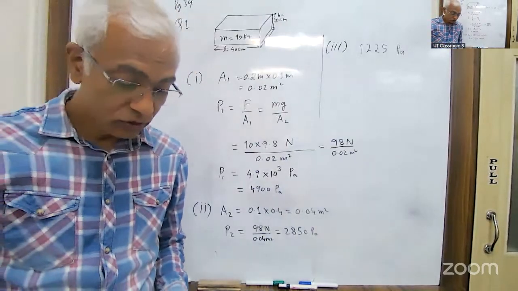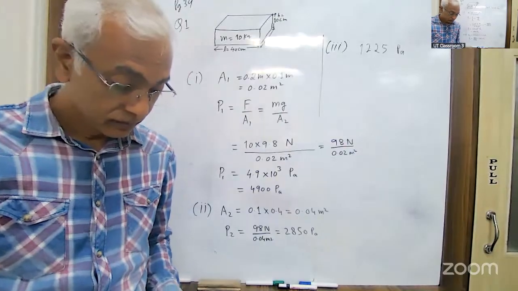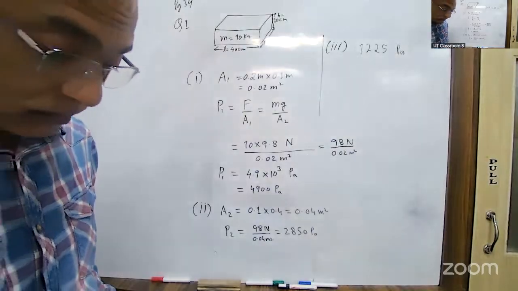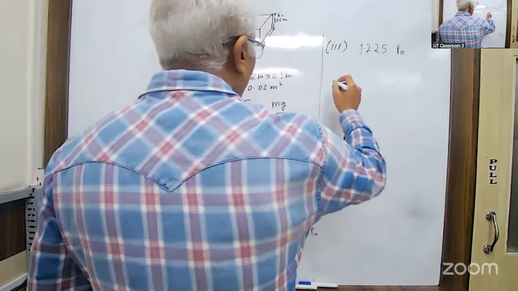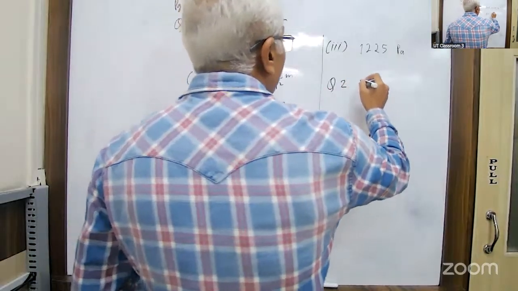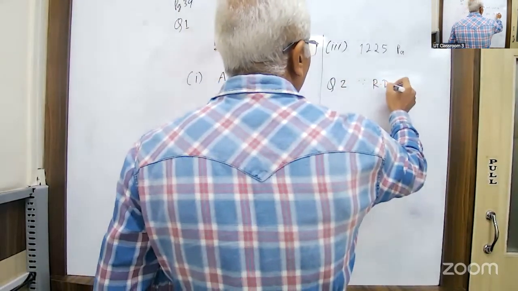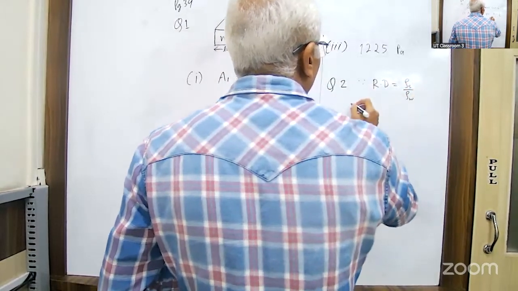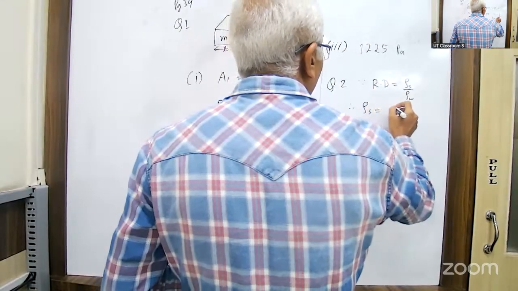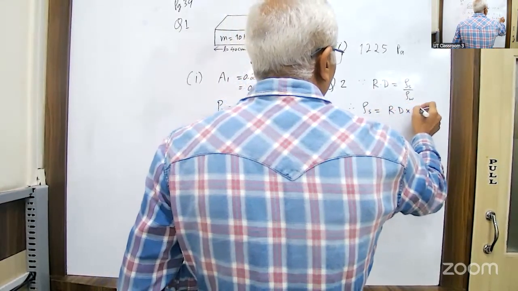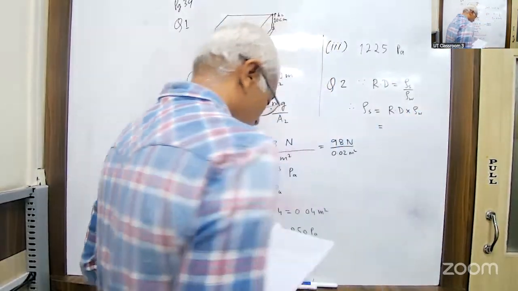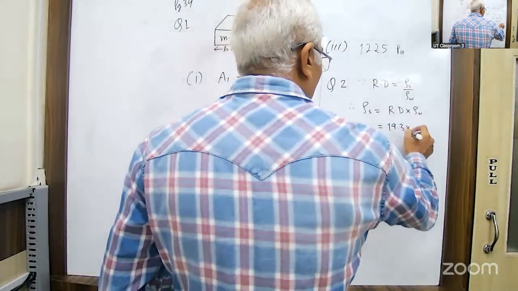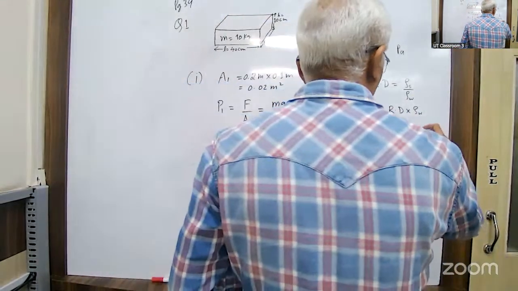So here you have a question on relative density. So what is the formula for relative density? Relative density is equal to density of substance upon density of water. Therefore, density of substance is equal to relative density into density of water. So relative density of gold is given to you as 19.3. Density of water given is 10 raised to 3.